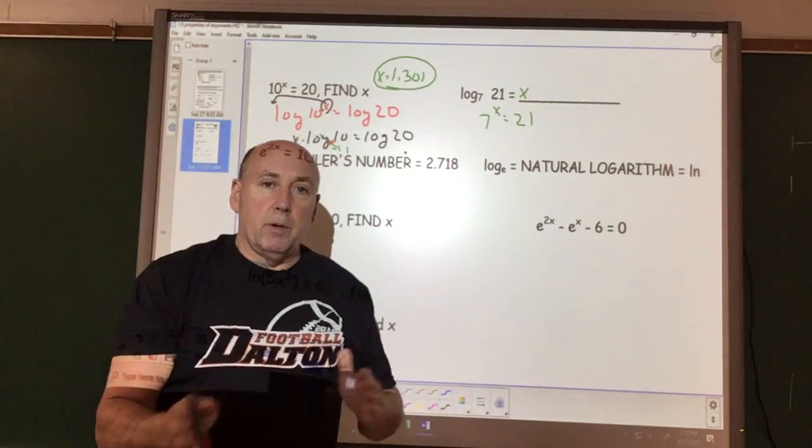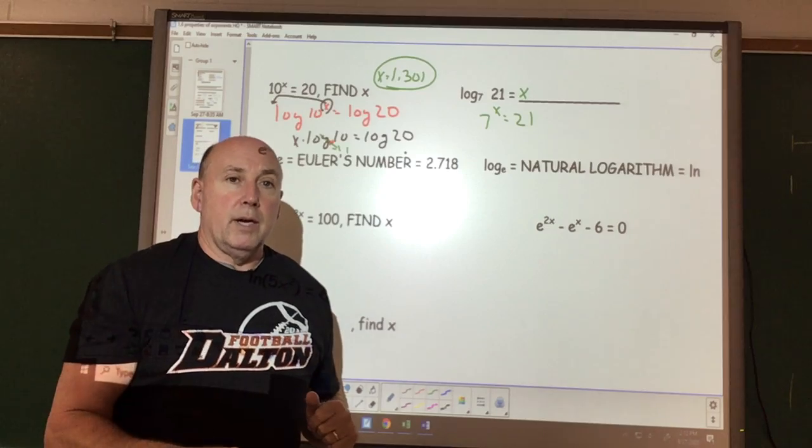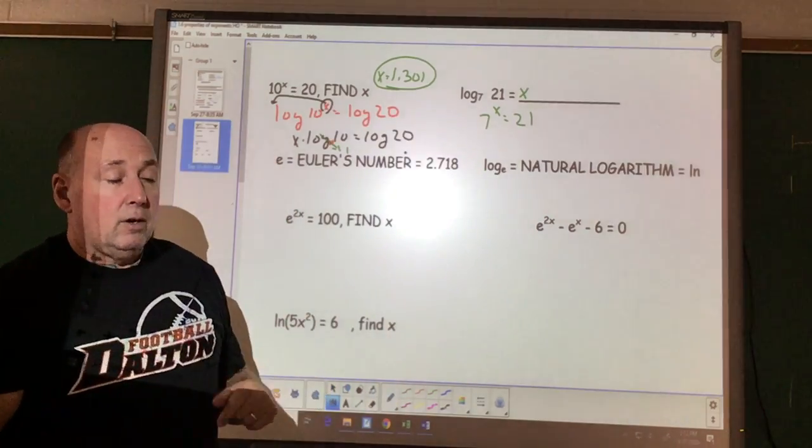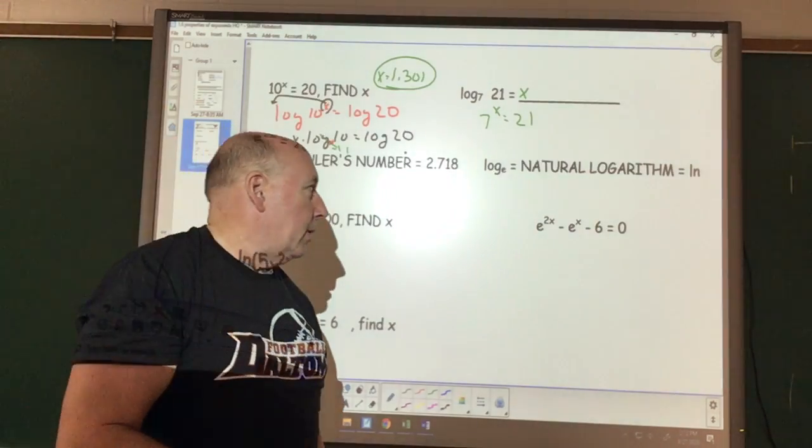Let's take the logs of both sides. Go ahead and take the log of both sides. Bring your exponent out front. And solve. Check your answers with somebody around you.